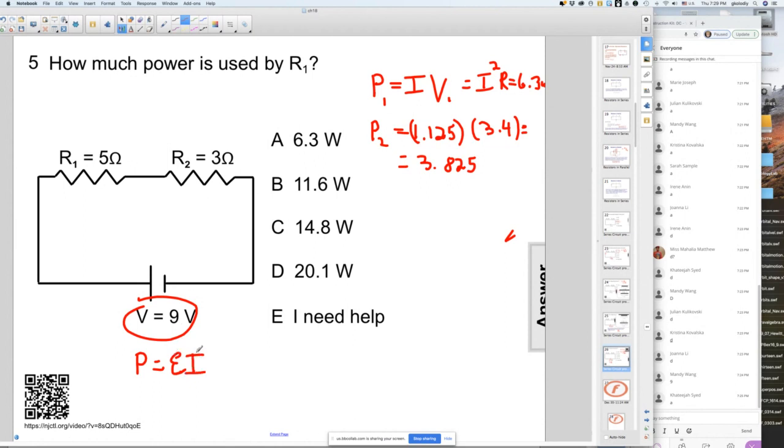So basically E is 9 volts, I is 1.15. This is approximately a little over 10.1 watts.